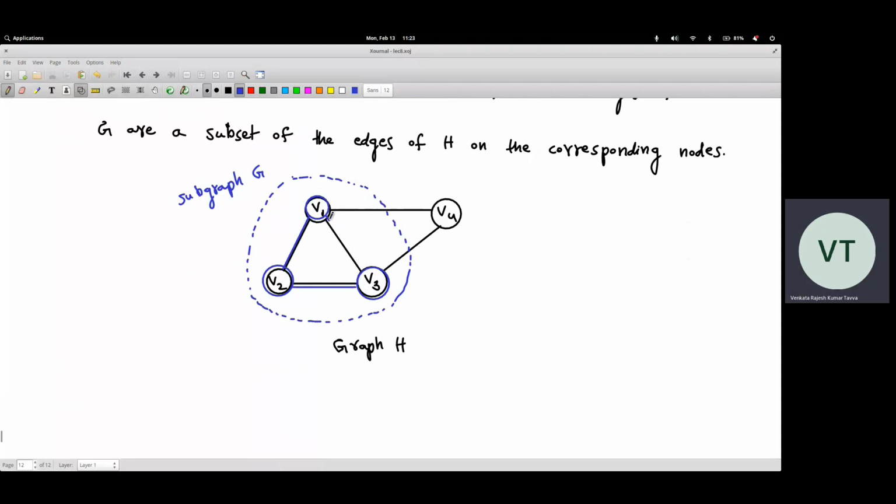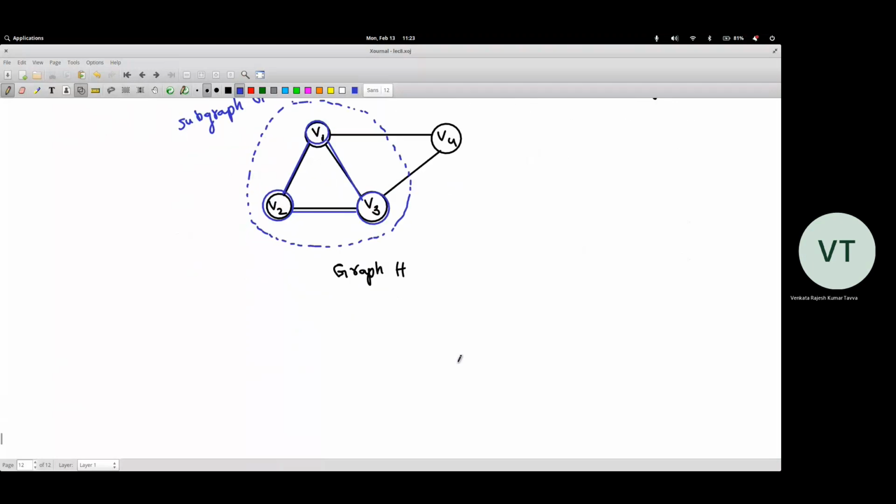It's not necessary that all these three edges should be part of G. Maybe two edges or one edge among these three edges can be part of G, but I just took all the three edges and all the three nodes. Okay, so this is a subgraph of the larger graph.